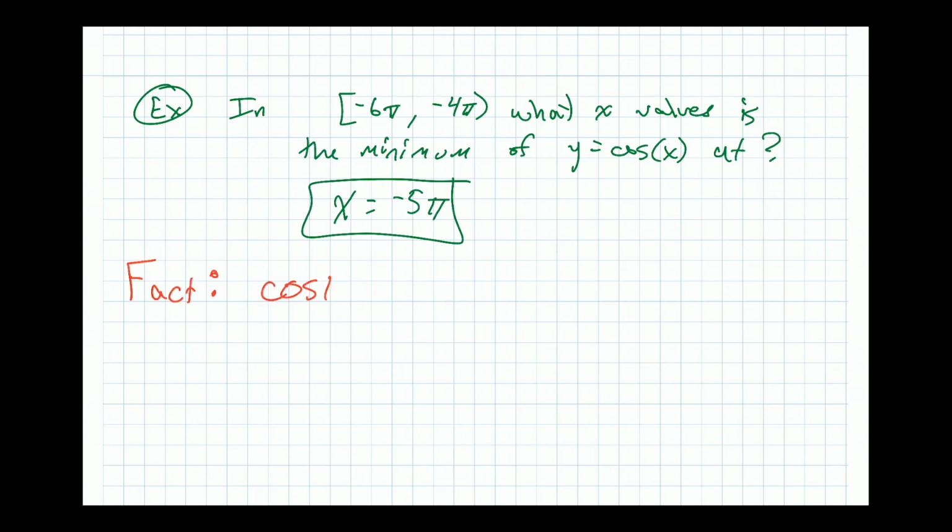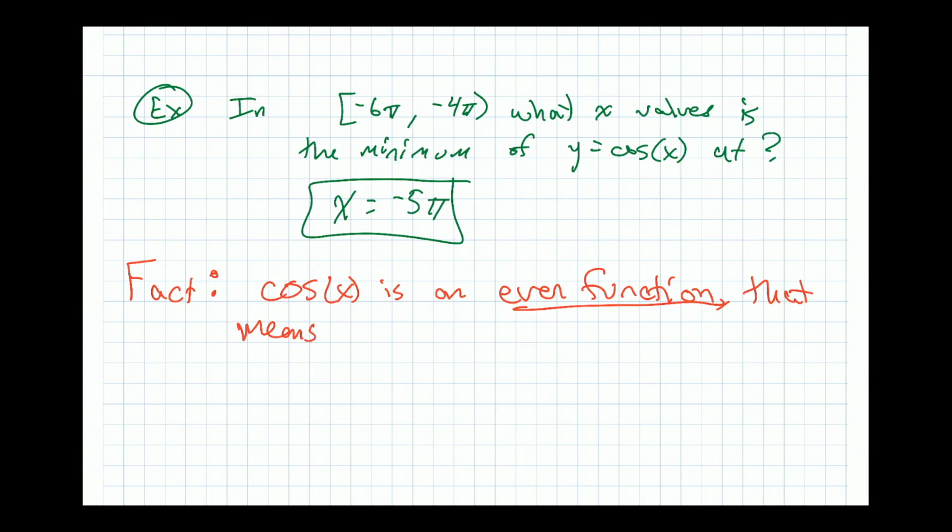So cosine x is what we call an even function. That means cosine negative x is actually just cosine positive x.